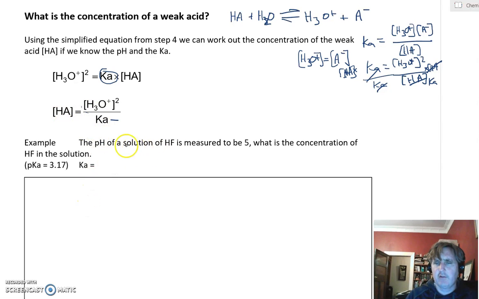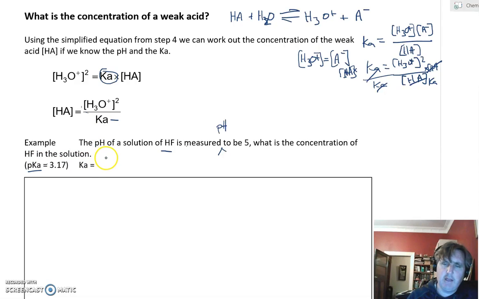So someone's told us here we've got a weak acid called hydrogen fluoride. It is measured to have a pH of 5. What is the concentration of HF in the solution? Well, they've told us that the pKa of HF is 3.17. We have to change this to Ka before we can put it into here.